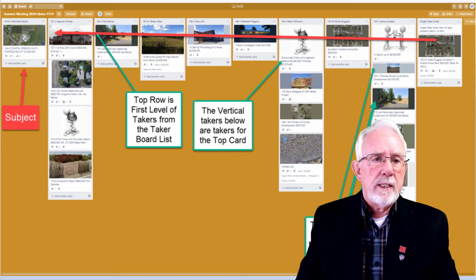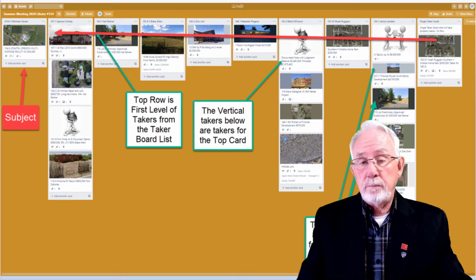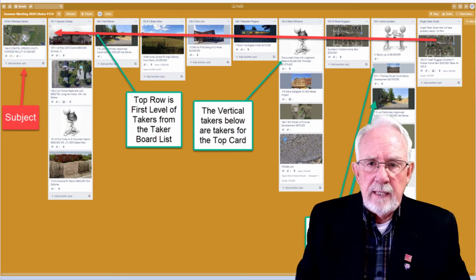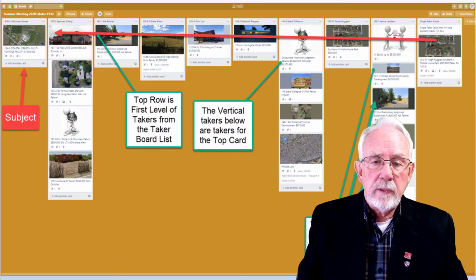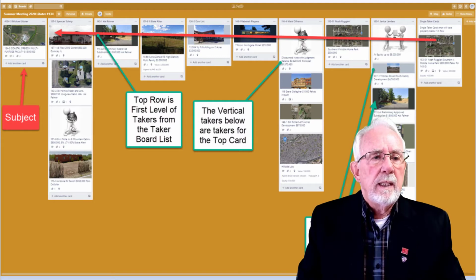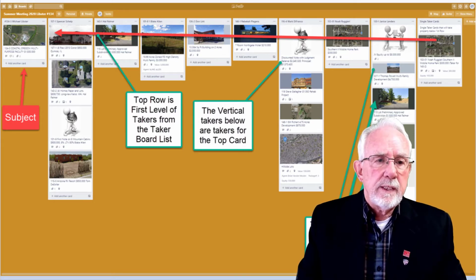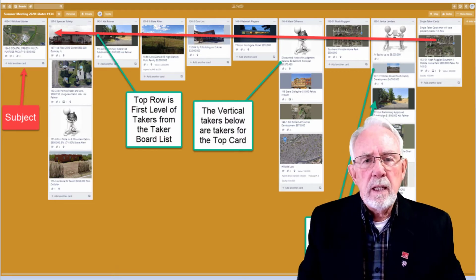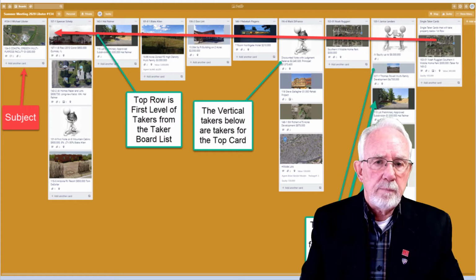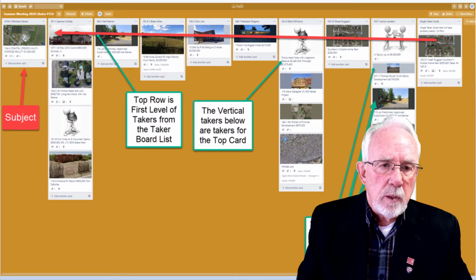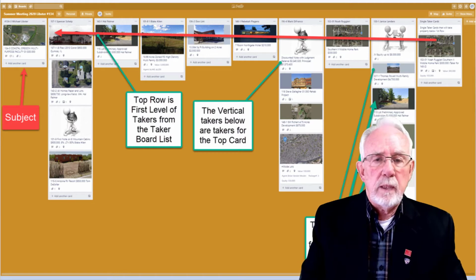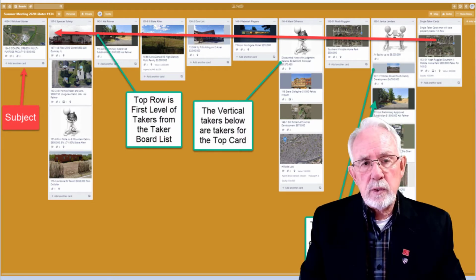And you can see on the board that I've got several packages. I've got packages in the top row across the top, and I've got columns going down. You can see the subject on the left, and all the cards across the top row are people that have presented their number to the podium, and the podium has recorded those people as being takers for the subject property.